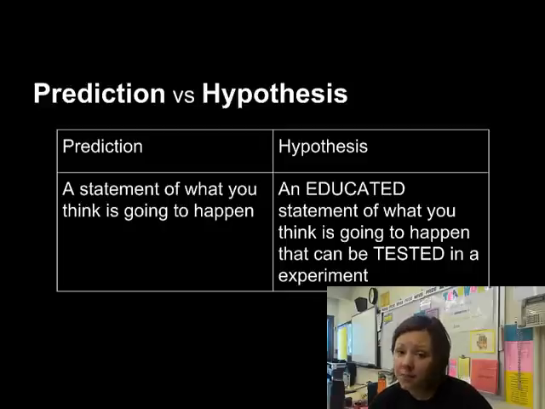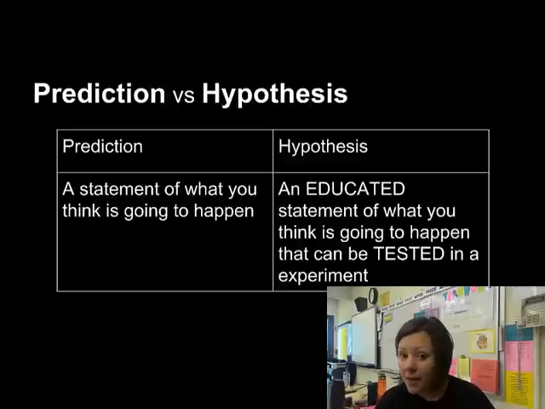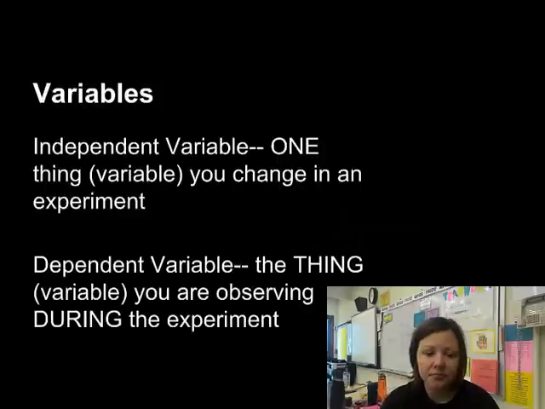Whereas a prediction is simply your statement of what you think is going to happen. So a hypothesis in this class is an educated statement of what you think is going to happen, and it can be tested by using an experiment. So, when we talk about hypothesis this year, we have to make sure that it's something that we can test.